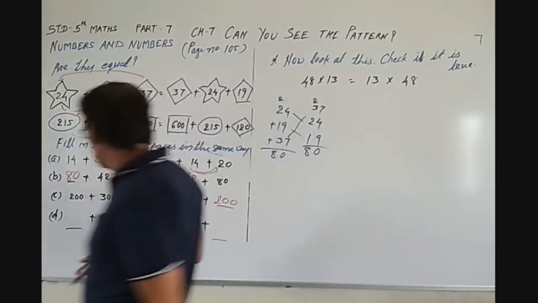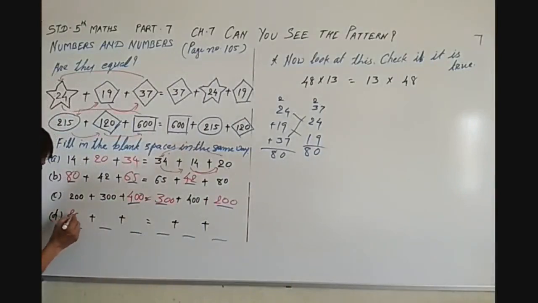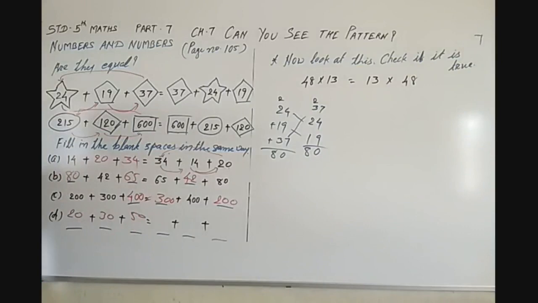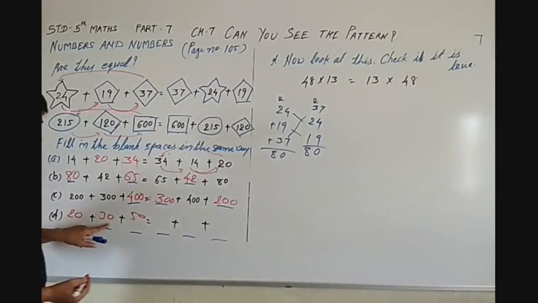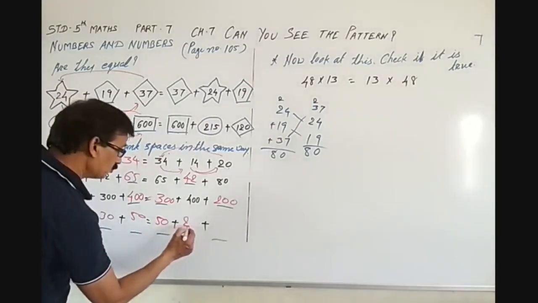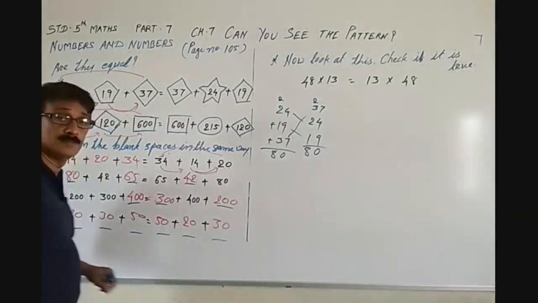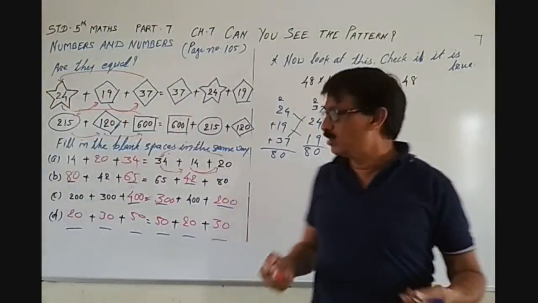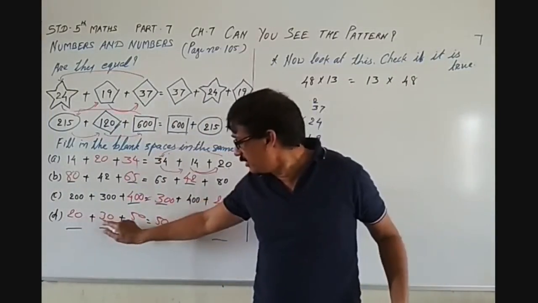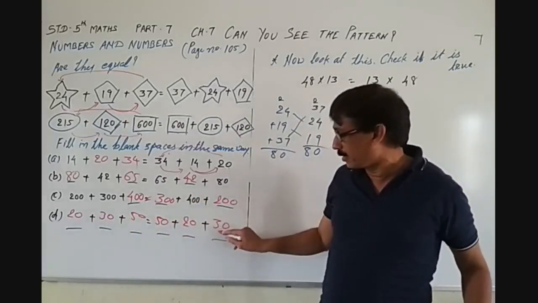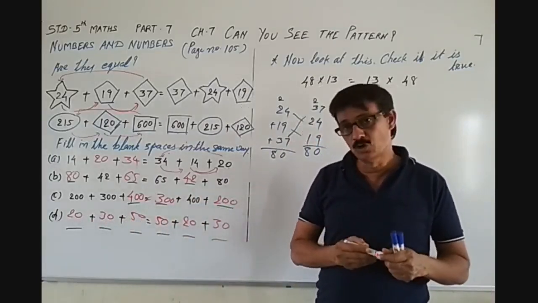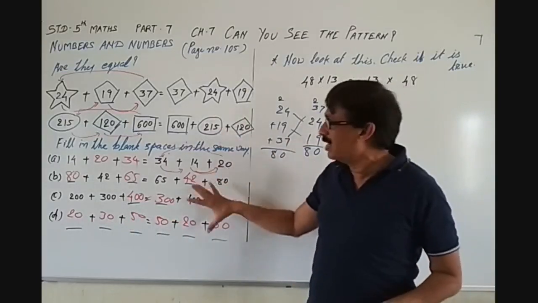Suppose I write 20 plus 30 plus 50. And if I start over here from 50, then 50 plus 20 plus 30. Okay. So you may change the order, no problem. But these 3 numbers must be over here. Let the order be different, there is no problem. So with this we have done this.